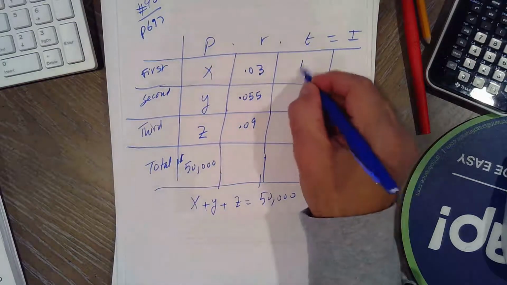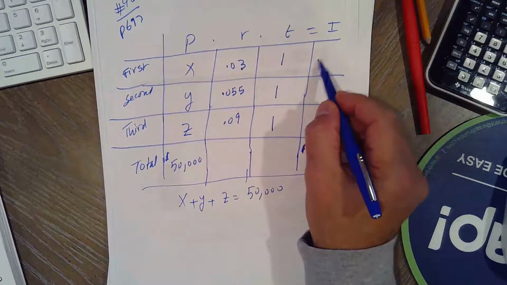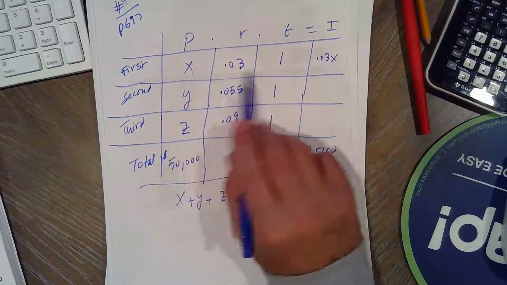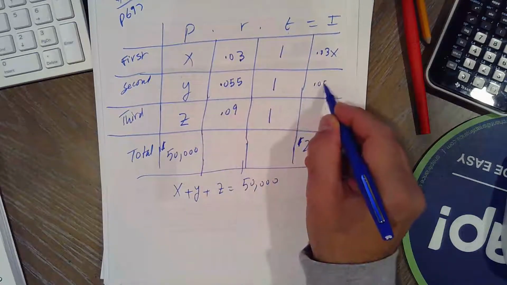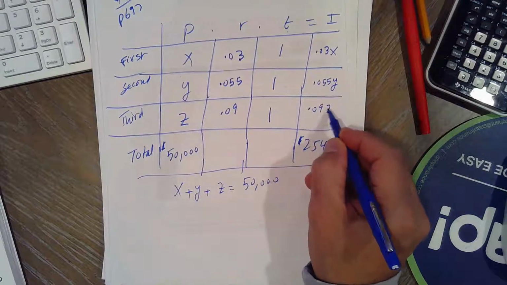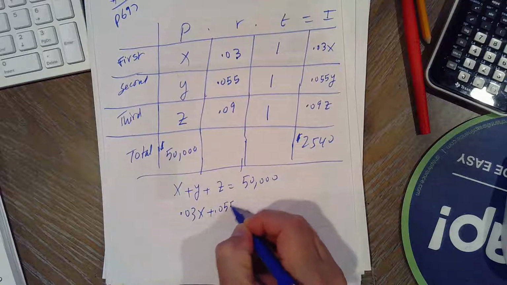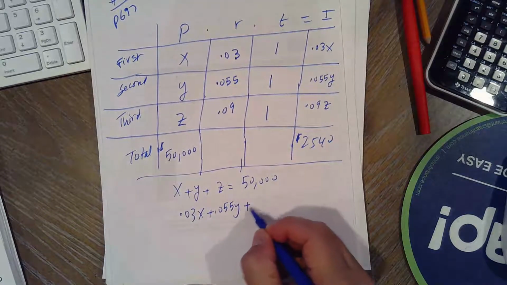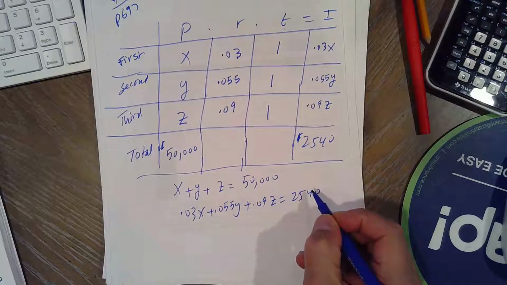Now, we're talking about 1 year, so the interest she's going to earn from the first account is 0.03x, if you times principal times rate times time. This would be 0.055y. This would be 0.09z. So add them up: 0.03x plus 0.055y plus 0.09z should add up to 2540.